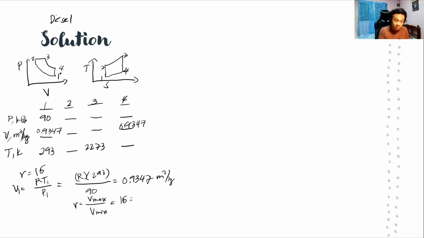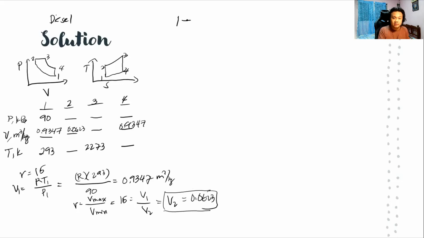Vmax is the maximum volume, and this is the minimum volume. So this is V1 over V2. So getting V2, just divide the V1 by 15, and then you can get V2 equal to 0.0623. So let's get to our steps.